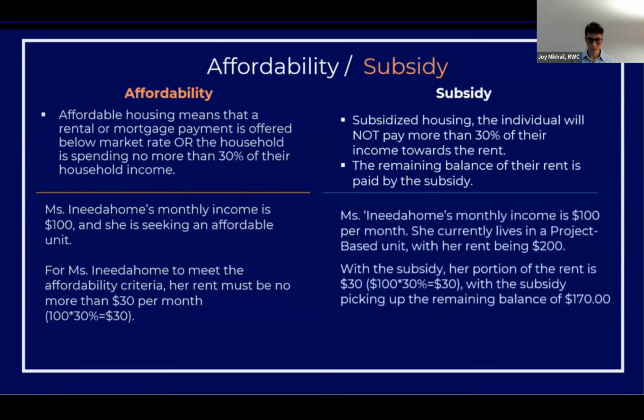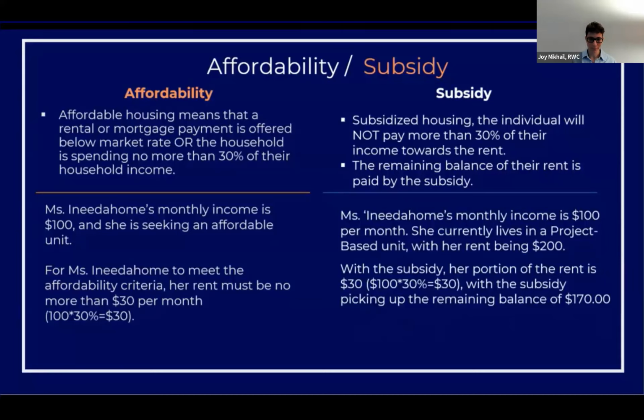So let's revisit Miss I Need A Home. Her income is still $100 per month, and she currently lives in a Section 8 project-based unit with her rent being $200 a month. Wait a minute. We determined in the first example that she can only afford $30 a month in rent. So how is this possible?